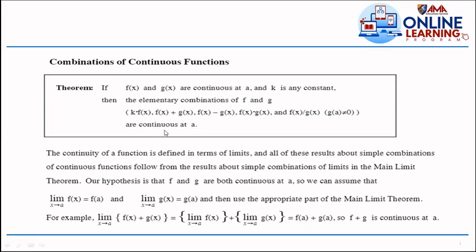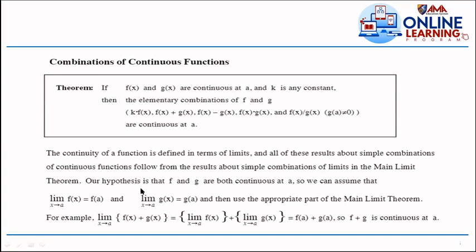These are continuous at a. So any constant value, they are to be continuous. So the continuity of a function is defined in terms of limits. And all of these results about simple combinations of continuous functions follow from the results about simple combinations of limits in the main limit theorem.